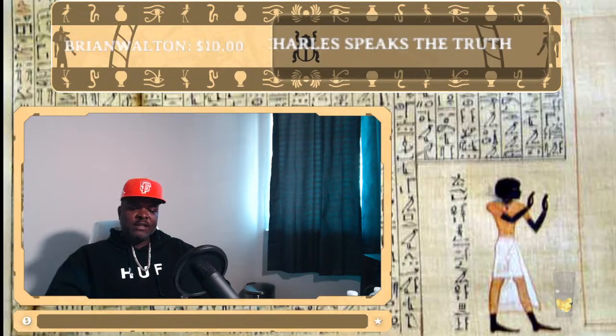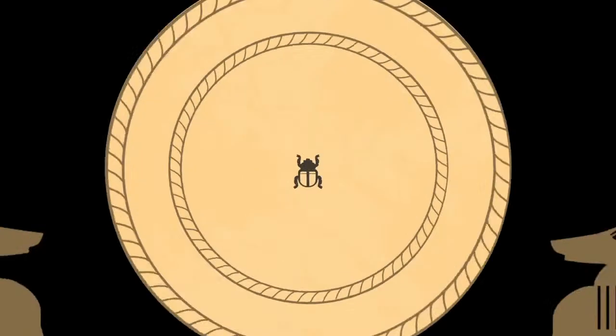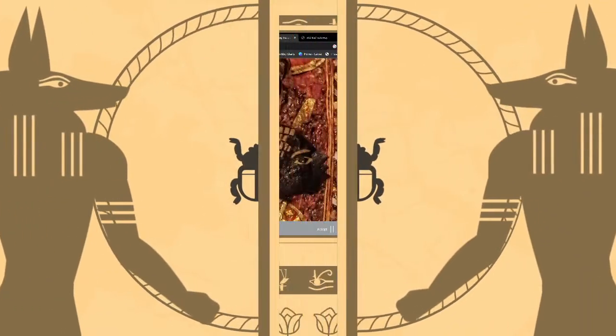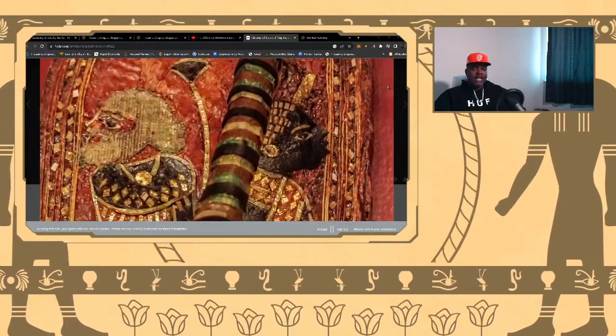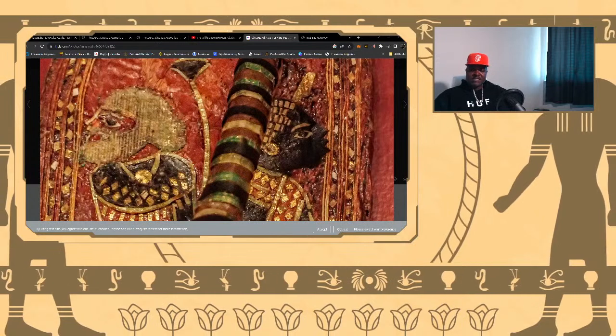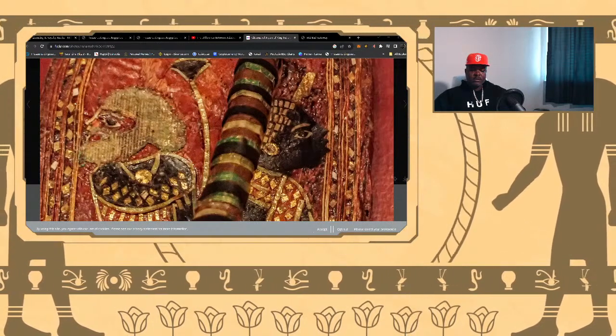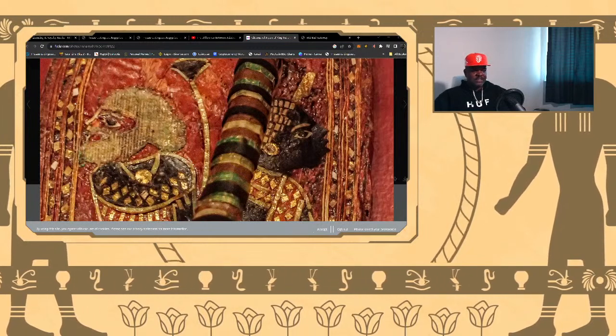A lot of the images we see of captured foreigners, particularly images like these on the sandals, are classified as decorative, this is decor.